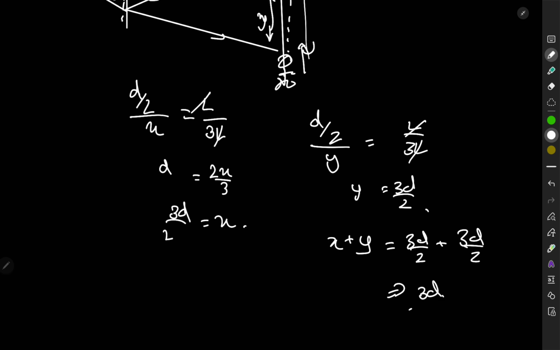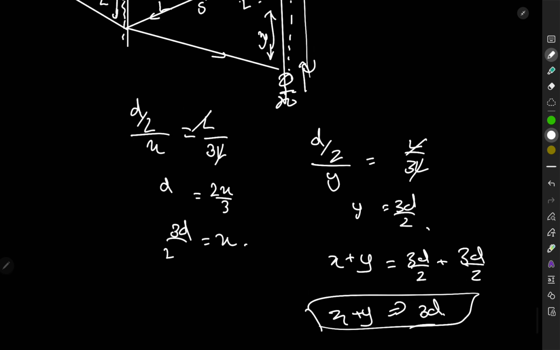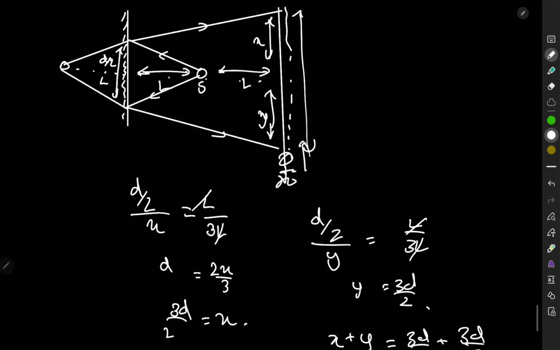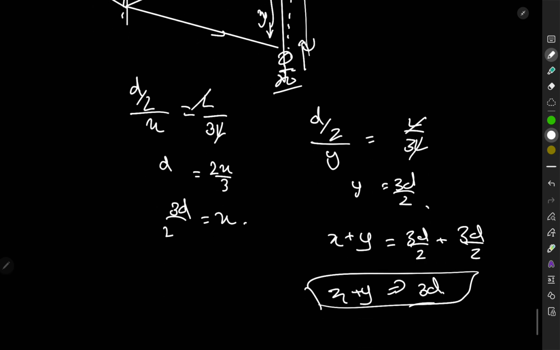So the maximum extent up to which the man can see the light source is 3D. Fine. I hope we are absolutely comfortable till now. Let's go further.